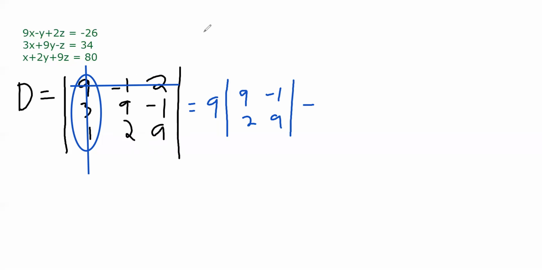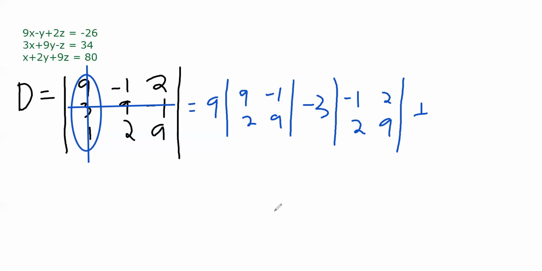Then we do subtraction. Then we come down here and we expand along the 3 here. We delete the row and column that the 3 is in. Then we multiply by the determinant of the leftover 2 by 2 matrix. So -3 times the determinant of -1, 2, 2, and 9.